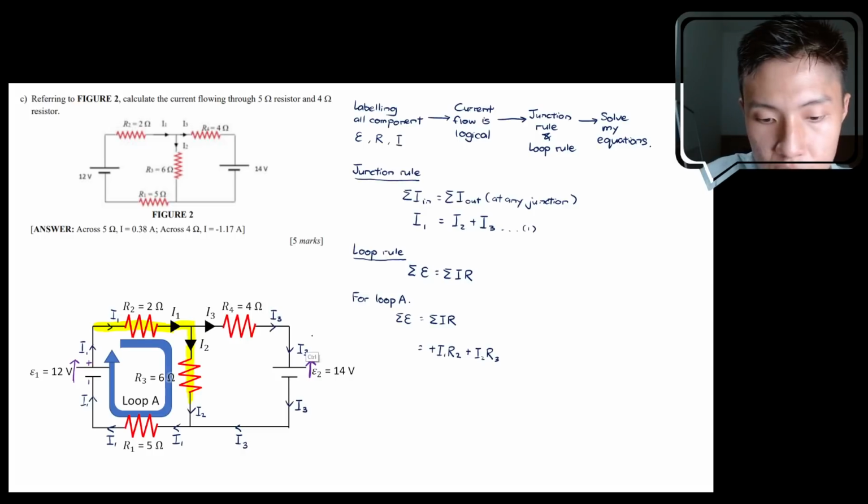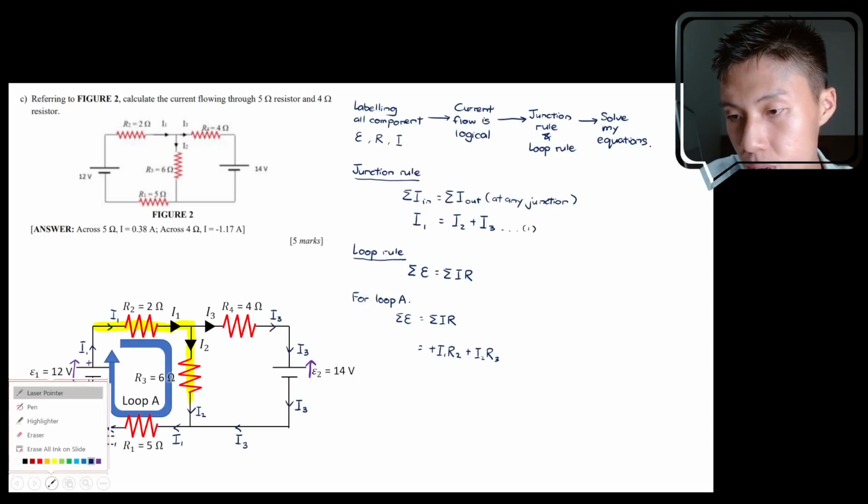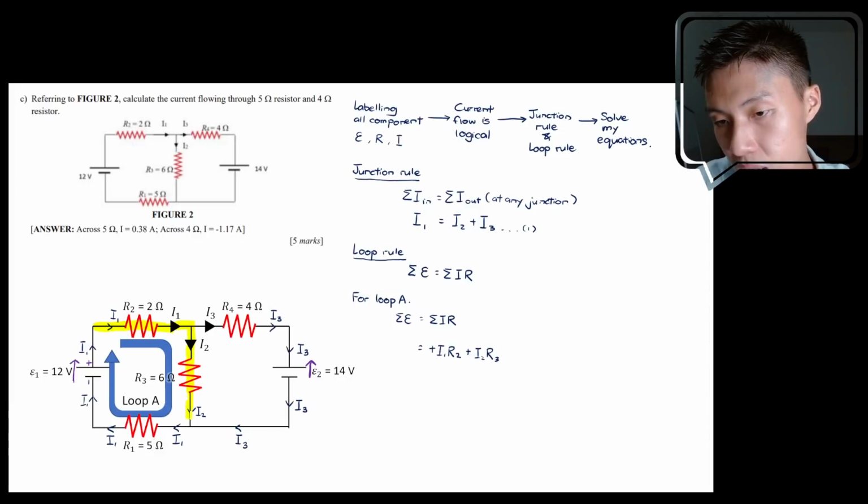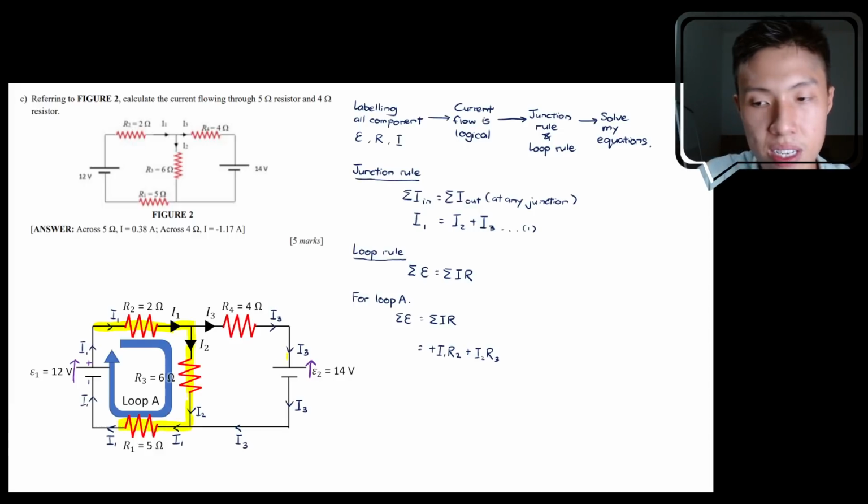Okay, so we continue our journey on the loop. The next thing that we encounter will be another resistor, and this time it is resistor R1. Again, this resistor is on the right hand side of the equation, so you have IR on the right hand side. Whether it should be positive or negative, again check.